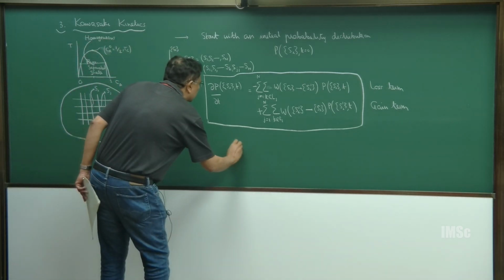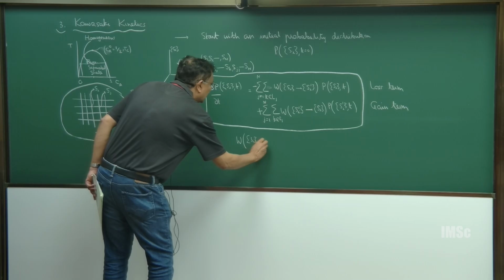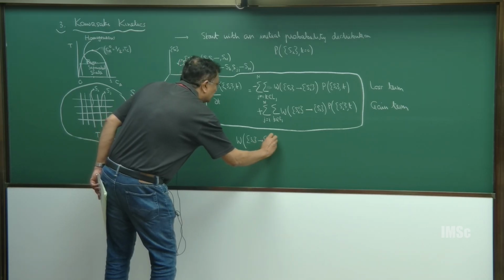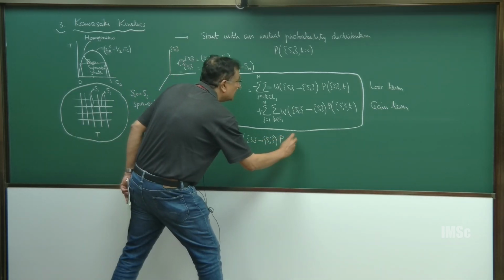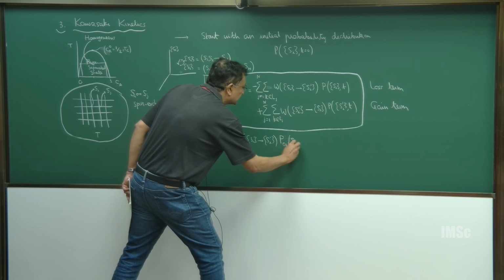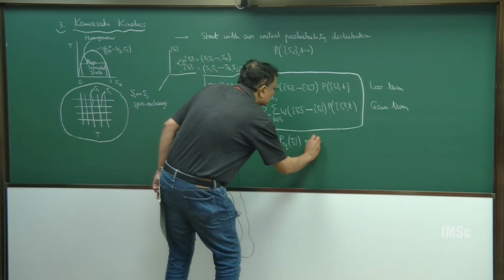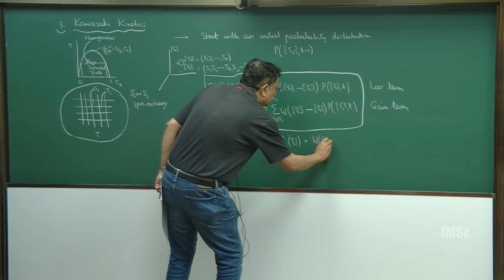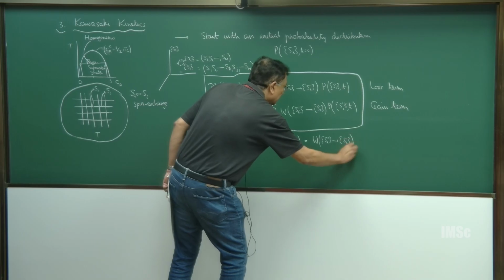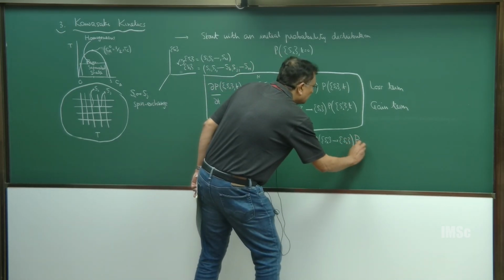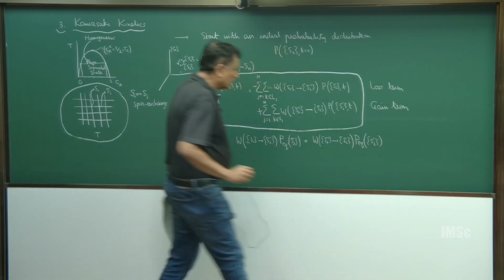So the detailed balance condition is simply W of Si going to Si prime, the P in equilibrium of Si, must equal to the rate of Si prime going to Si and P equilibrium of that, right?